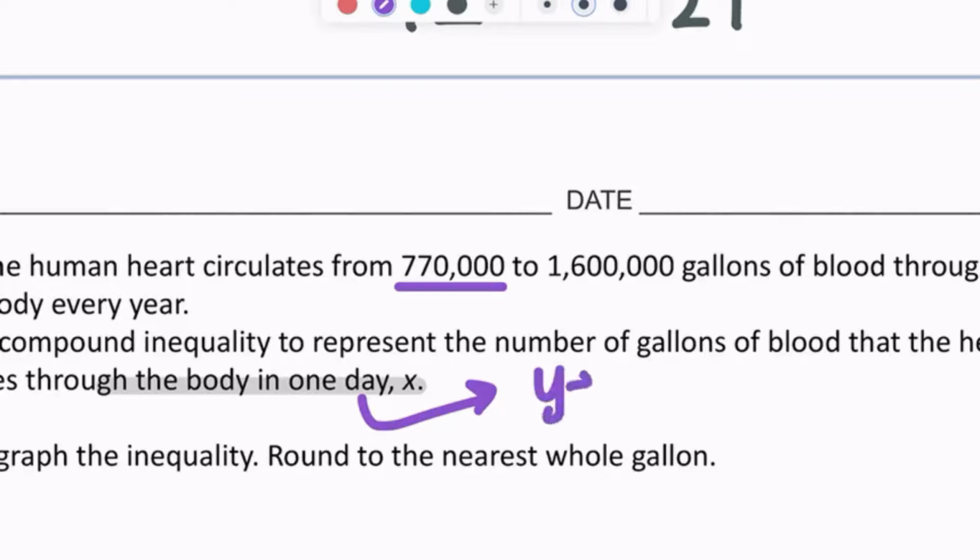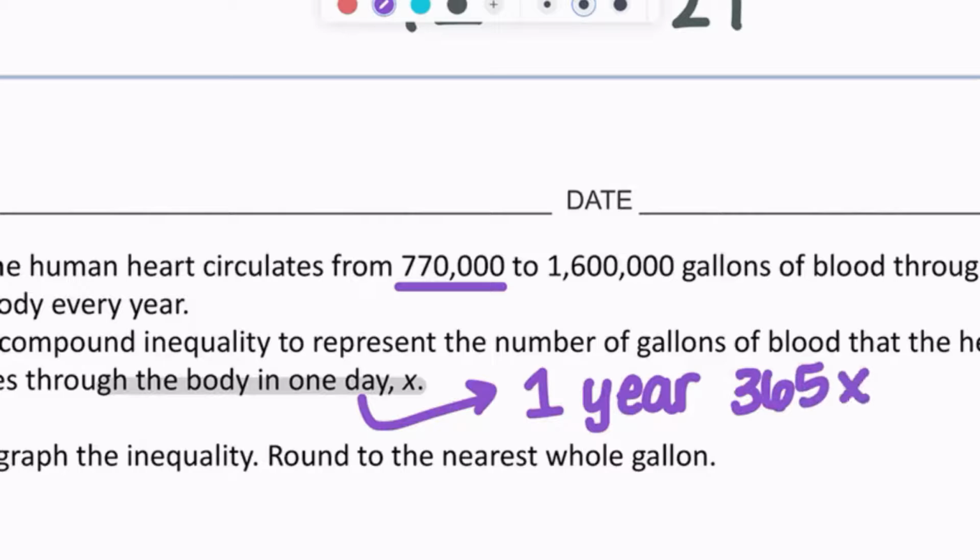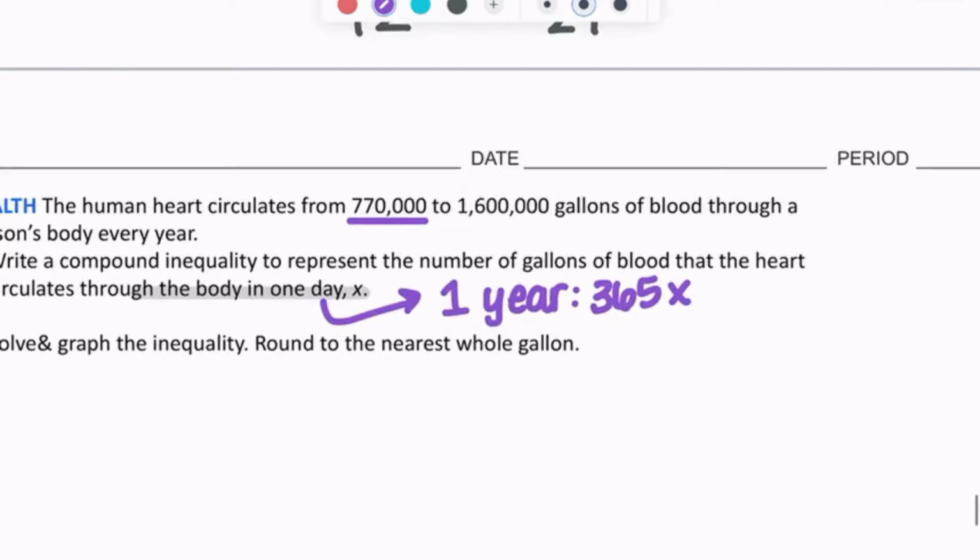So to do for the year, or annual, that's what annual means, would be, or let me say 1 year would be 365x.